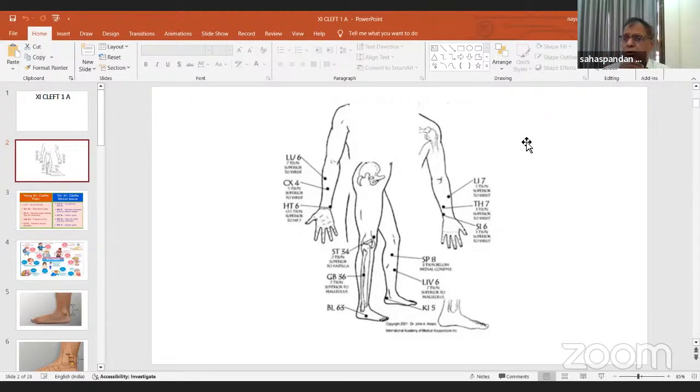Okay, so these are the 12 Xi-Cleft points. I will discuss more about the Xi-Cleft points. So this is the basic thing: in 12 meridians, there are 12 Xi-Cleft points.